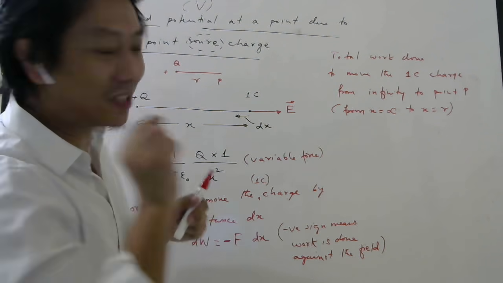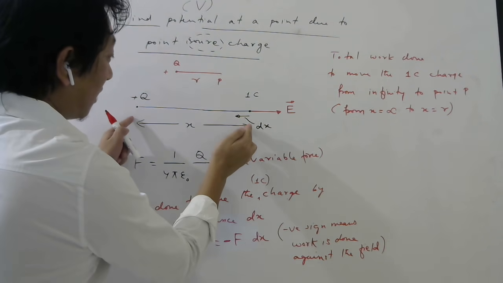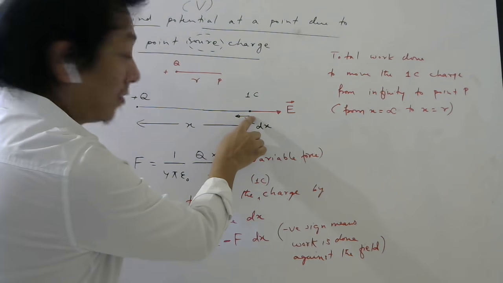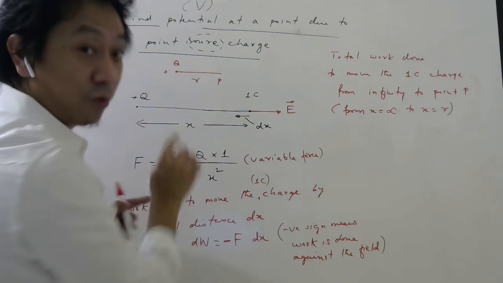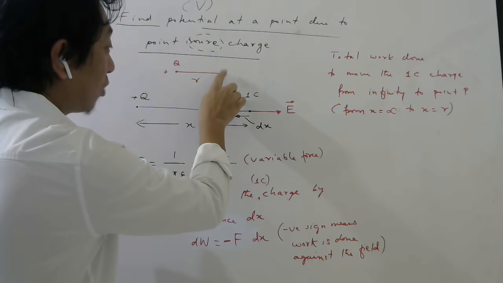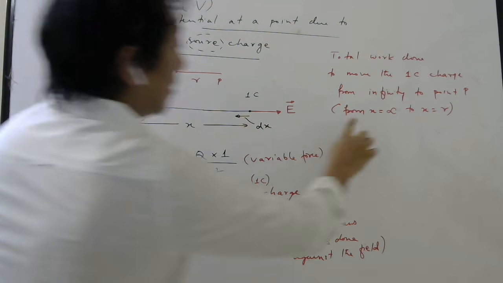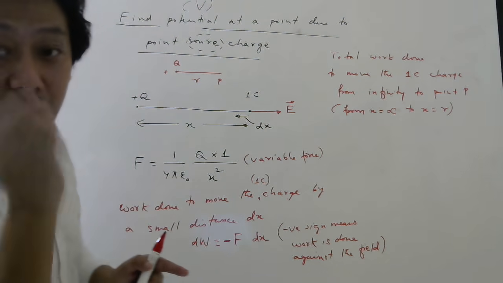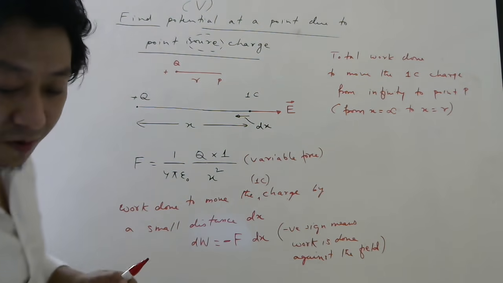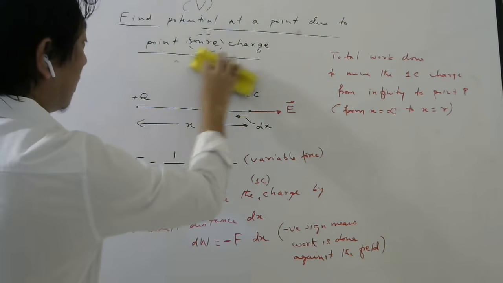Then when you reach here, what will be this x distance? It will become r, no? Because x is the distance of this 1 coulomb charge from the source charge. So when you finally stop here, this x will be r. So your x variable should start from infinity and stop at r distance. But this again you don't have to write in exam.